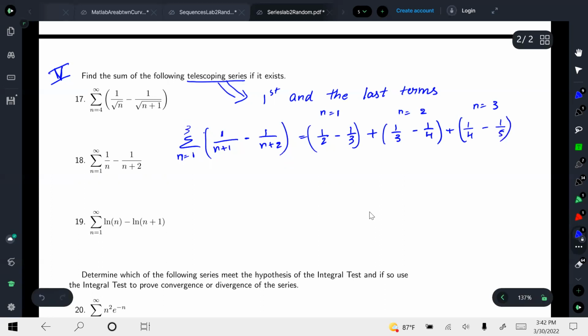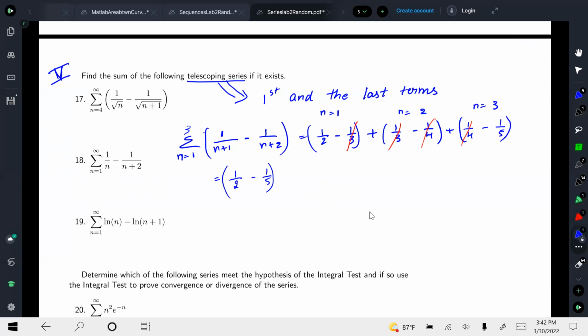We can expand further, but let us keep it short. You can clearly see the negative 1 over 3 and positive 1 over 3, negative 1 over 4 and positive 1 over 4, get cancelled. The only terms remaining are the first and the last term. So this kind of series is called a telescoping series.